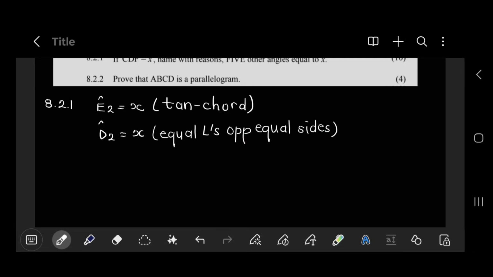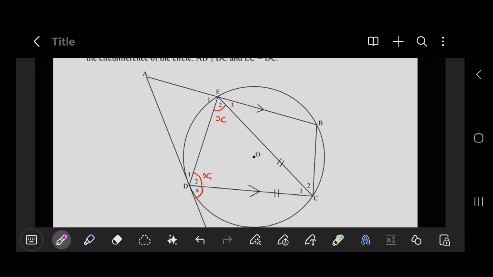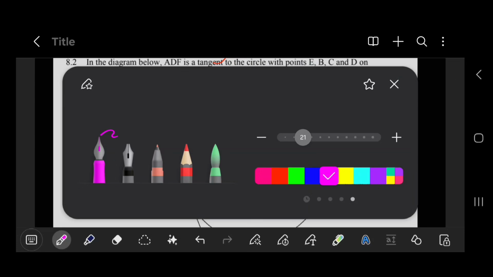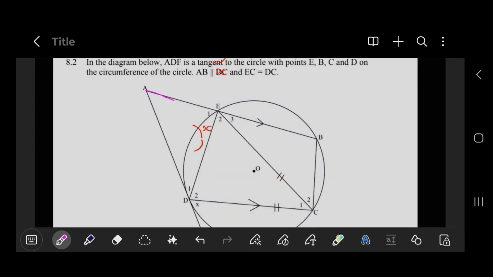Next, we're going to focus on the parallel lines. And I need you guys to notice that these parallel lines extend from A all the way to E, all the way to B. Second parallel line is DC.